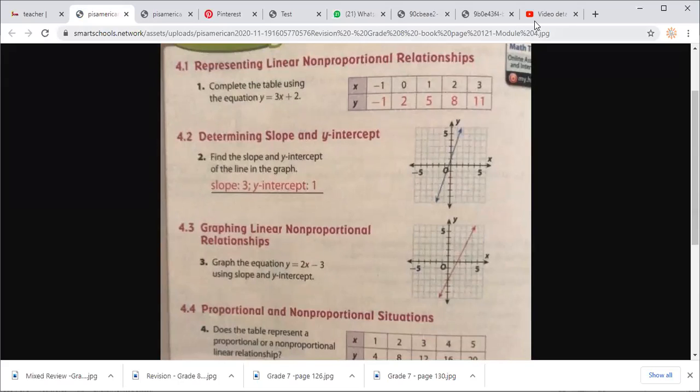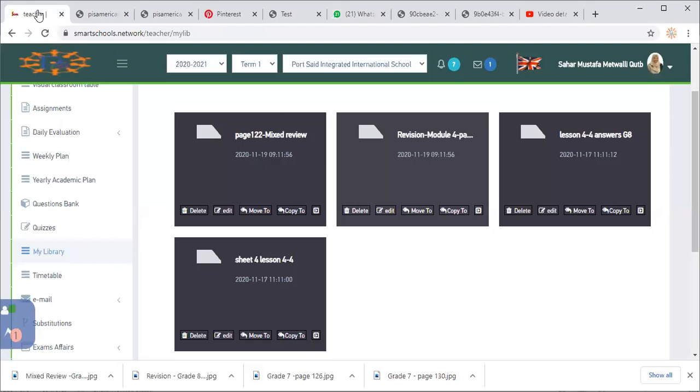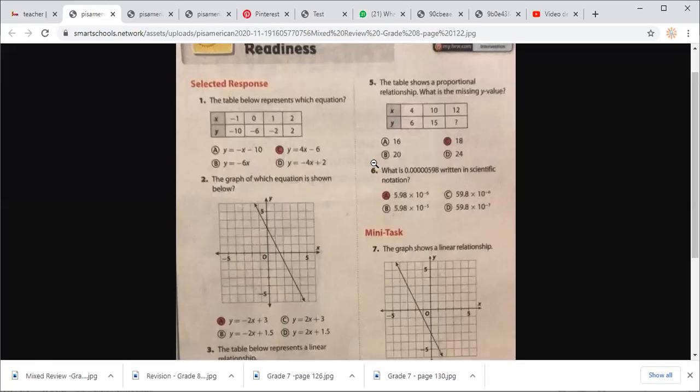What else will you find in this sheet? You will find page 122 mixed review. In our book, page 122, you have a table, right? And the question is which equation the table below represents.